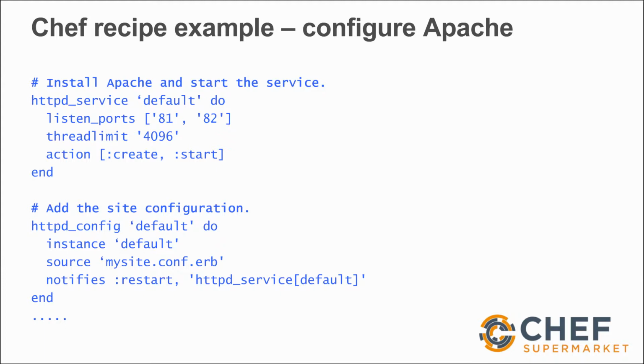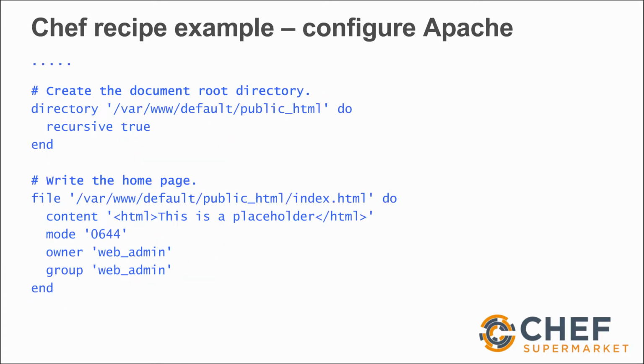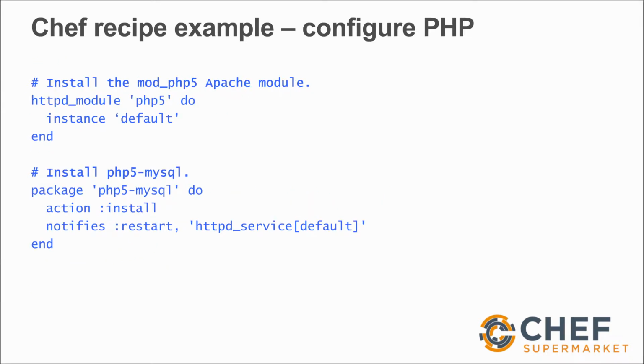In the other section, you see that I can add some site configuration by calling a different recipe, the HTTPD config recipe, and it goes on and on. I can, of course, do some other things like create a directory. I can even place a placeholder file in the second bottom part of this explanation and even define an owner and a group. I can even choose to install other packages.